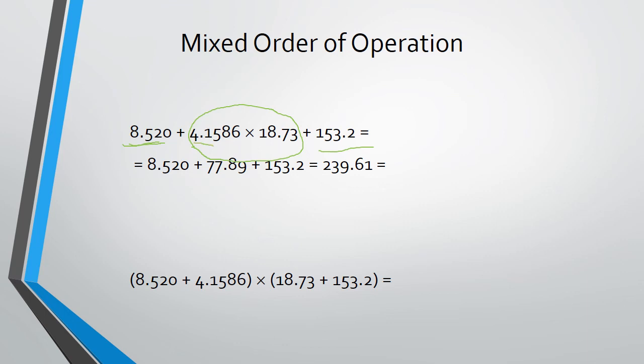The result of this should be 4 significant figures, as you can see here, and then added to another number, so the final result should have 4 significant figures. So we need to round this number, which is actually this part. So the final answer is 239.6.